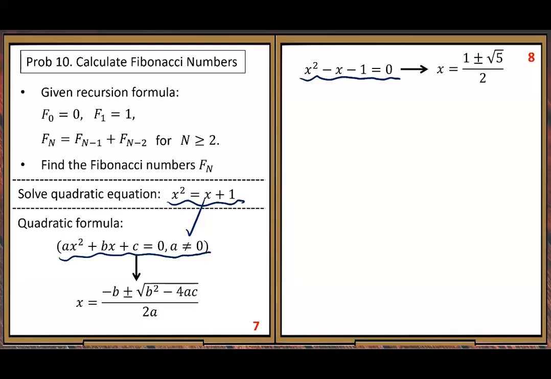So now this is our solution form. There are 2 solutions. One plus minus. Plus is for the first solution, minus for the second solution. So plus minus √5, then the whole thing divided by 2. So 2 possible solutions.